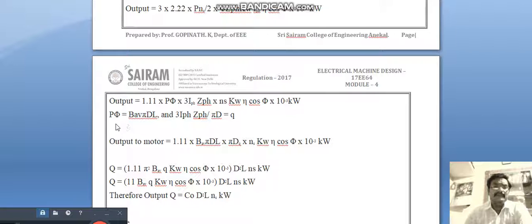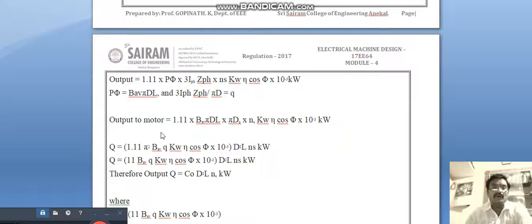Now phi we know is the specific magnetic loading, B av pi D L, and 3 I phase Z phase by pi D is equal to q, the specific electric loading. So the output of the motor is 1.11 multiplied by B av pi D L, multiplied by q pi D and ns Kw eta cos phi into 10 to the power of minus 3 kilowatt.